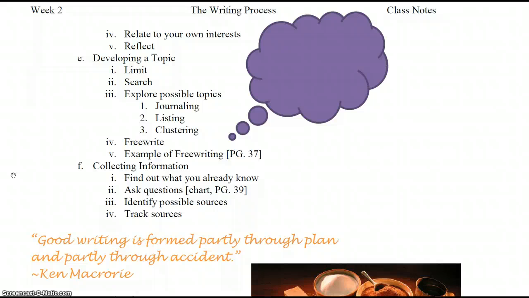There's several different types of recipes. And so with writing, it's the same process. Just because you're writing a cause and effect essay doesn't mean there's one right way to do that. You've got to figure out what recipe works best for you. And so there's all sorts of ways to develop your topic, to think about your topic. I really like the exploring and developing section of this chapter. I think it gives you some great tips, and you'll be practicing that throughout the week.